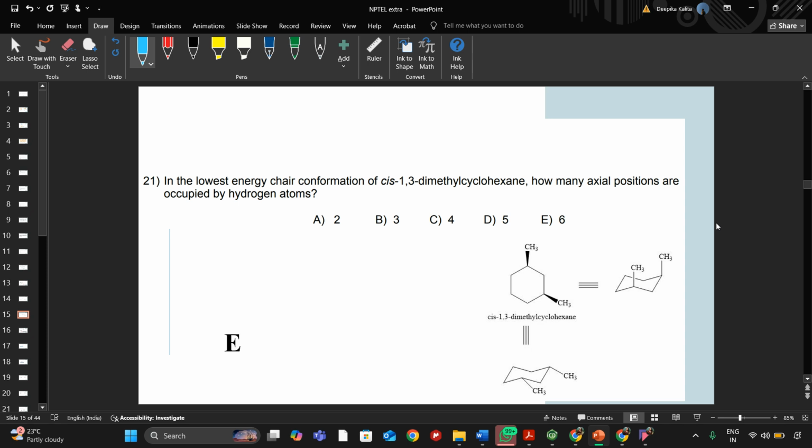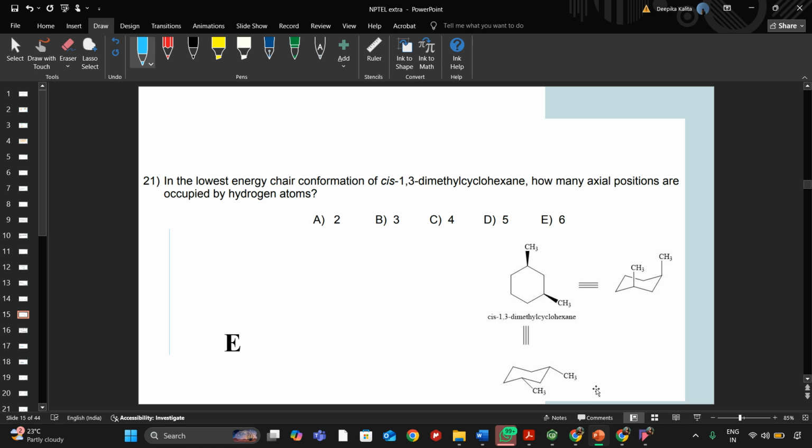So let us draw the chair conformation of cis 1,3-dimethylcyclohexane. To be in its lowest energy chair conformation, both the methyl groups must be present in the equatorial positions. So it will look like this.